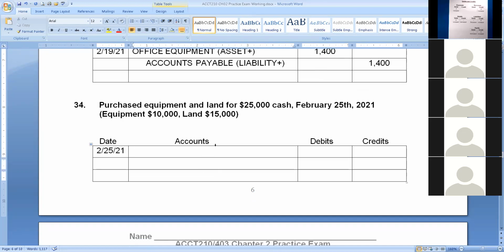Okay, so purchased equipment and land for $25,000 cash. Okay, so what accounts are we going to use? Cash, equipment, and land. Yep.